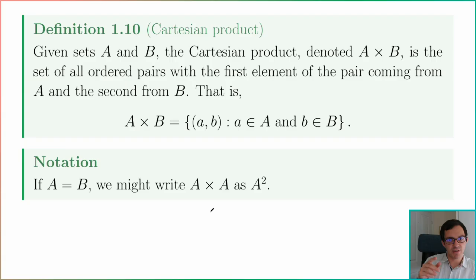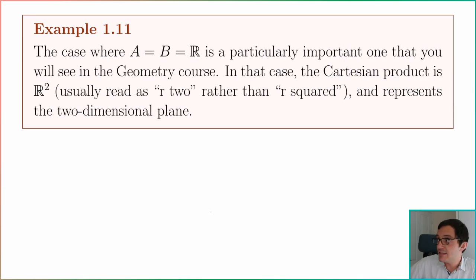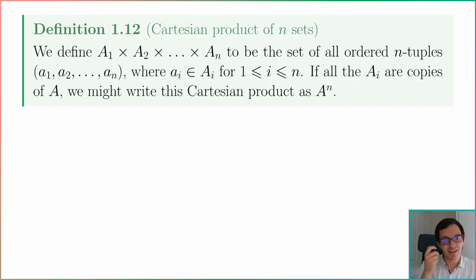Cartesian product, you're supposed to think of Cartesian coordinates where the xy plane might be described as R2. In fact, that's my example here. It's important in the geometry course, and it is pronounced R2 rather than R squared quite often. You'll also meet three-dimensional space R3, where I should explain that for R3, I'm crossing together three sets.